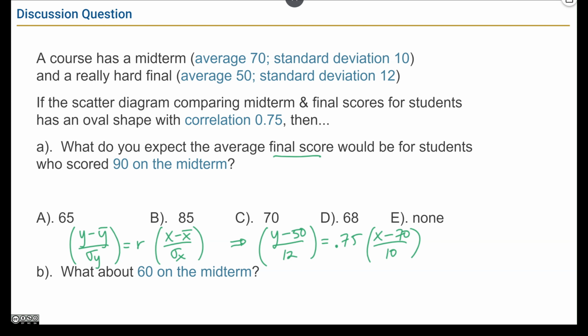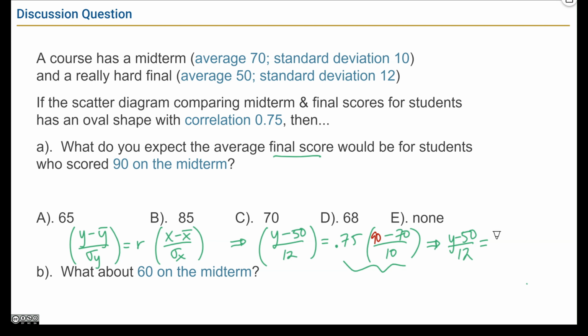Okay, let's input a new color here just so you can see. All right, so the x that we're given is 90, right? So now I'm trying to use this to solve for y.